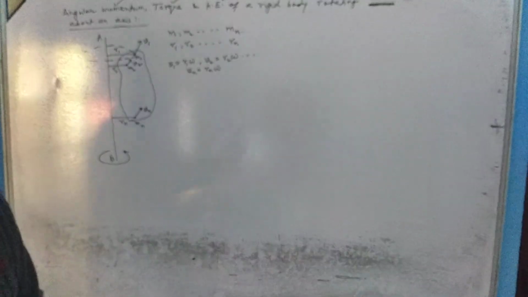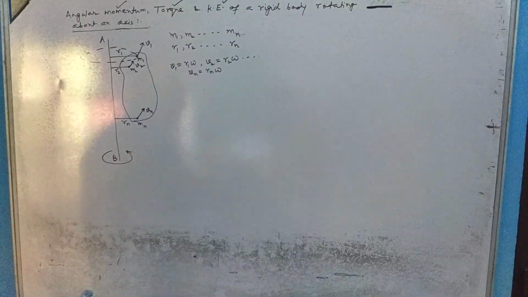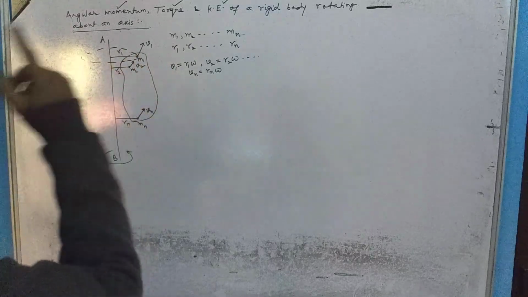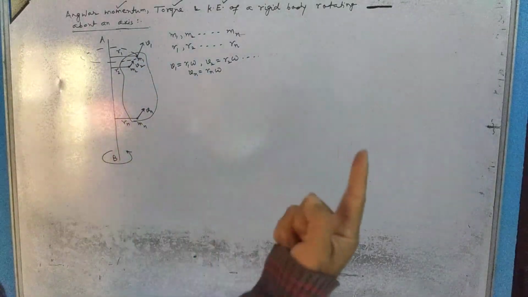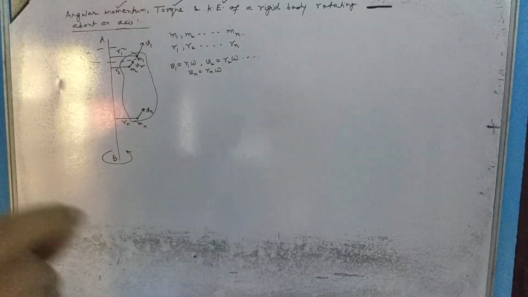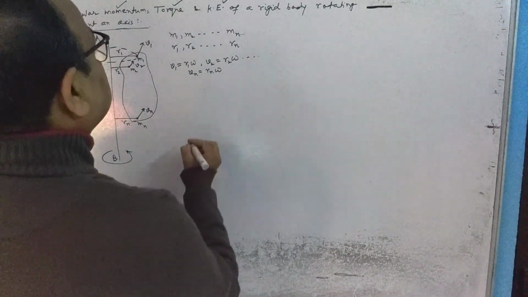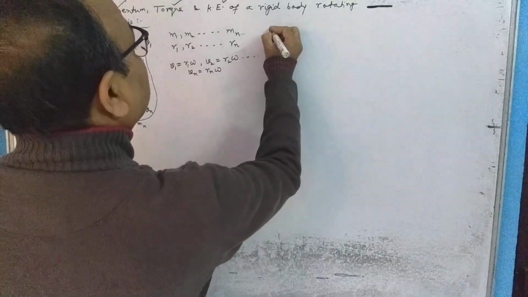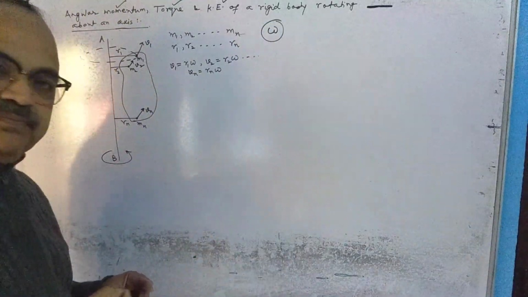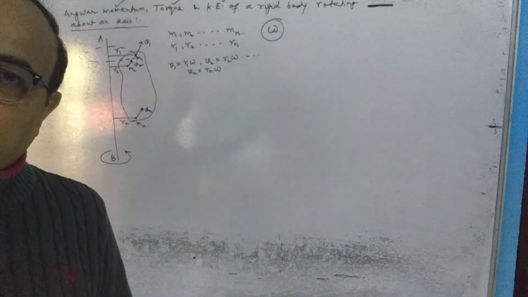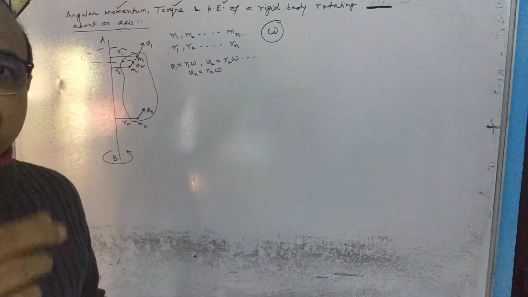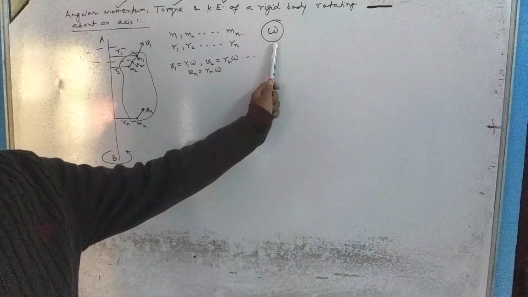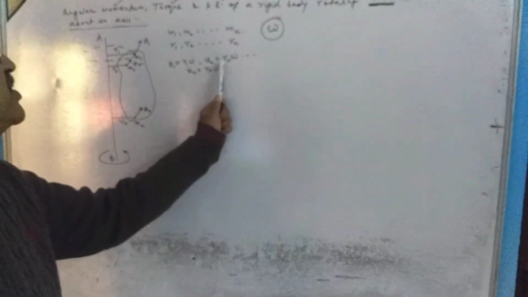But mind this, one thing we have to remember. In case of this rotation, every point mass will make a circular motion, and here the value of omega will always remain constant for every particle, but the linear velocity will be changed. Angular velocity will remain the same, but the linear velocity will be different.